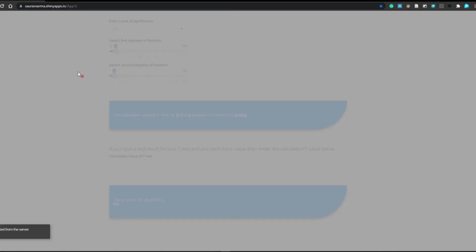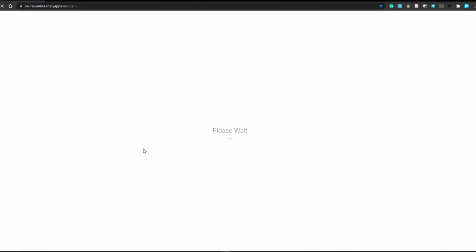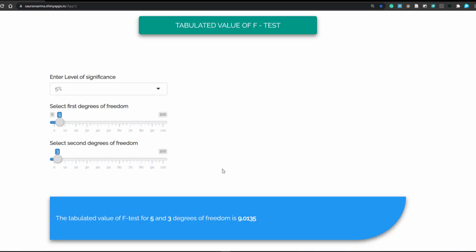Just like in our previous class, we used a website for tabulated values. Here also we will use the same reference, but this time we will look into the F table. So this is the F section, tabulated value of F test. Now 5% level of significance is set as default. We are interested in degrees of freedom 3, 16, right?